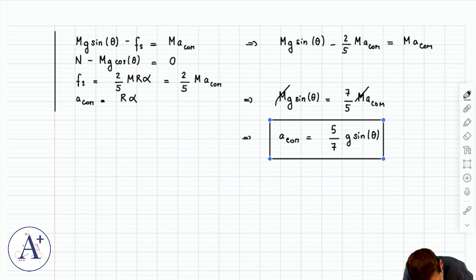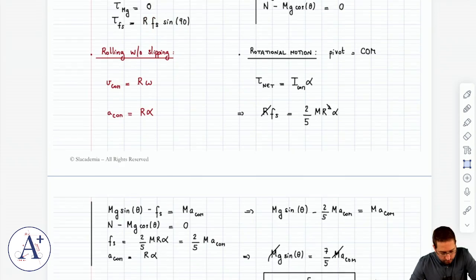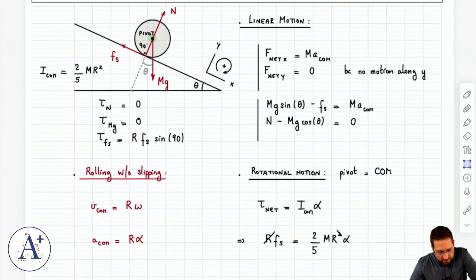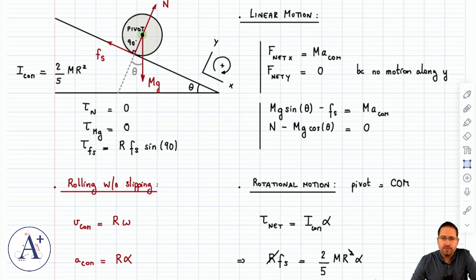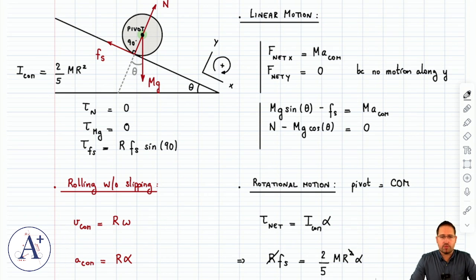Okay, but I had to write equations for both linear motion and rotational motion, plus rolling without slipping to connect them all together. All right? But not that bad. I mean, just a nice summary of everything we've learned so far. With this is the new stuff from today, right? The rolling without slipping condition.